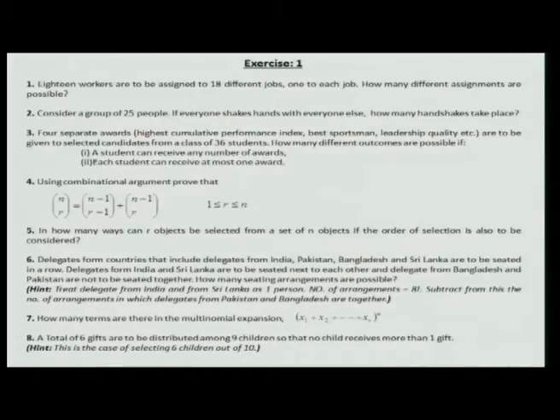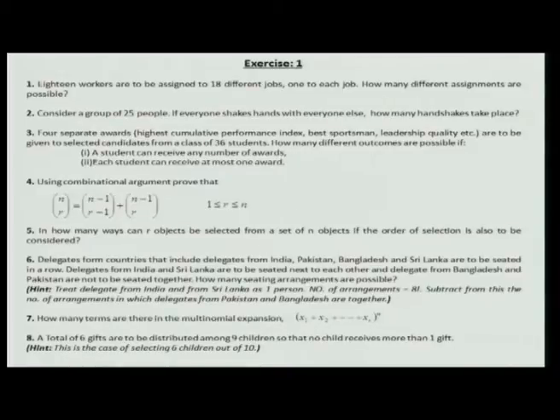So, in how many ways can you partition this into r subsets so that they all add up to n? From the identity x 1 plus x 2 plus x r raised to n, you put all of x 1, x 2, x r equal to 1, and so you get r raised to n, which is the number of terms that appear in the multinomial expansion.